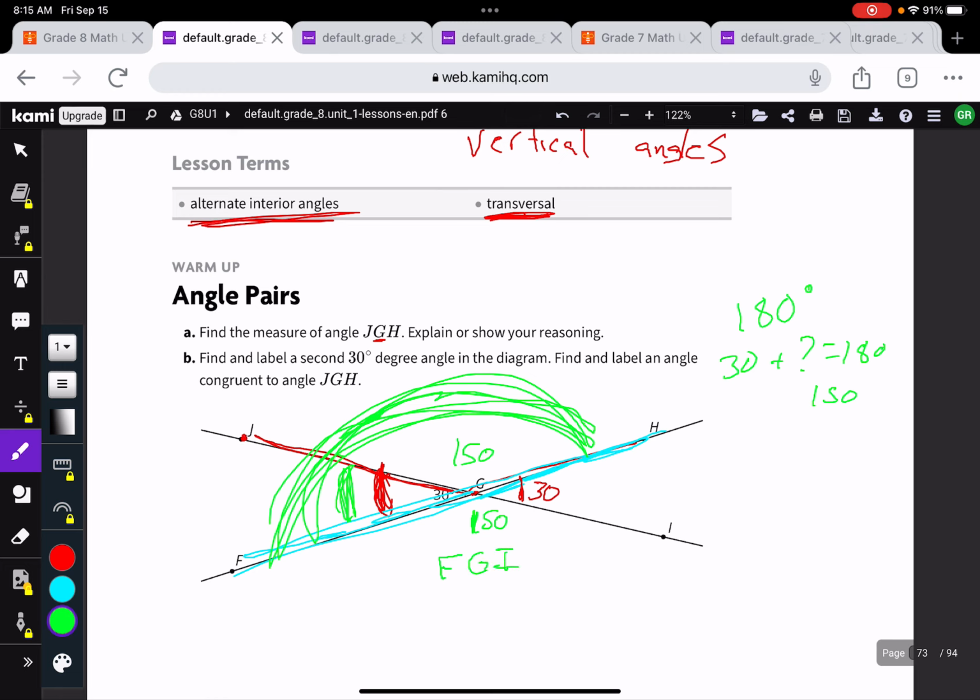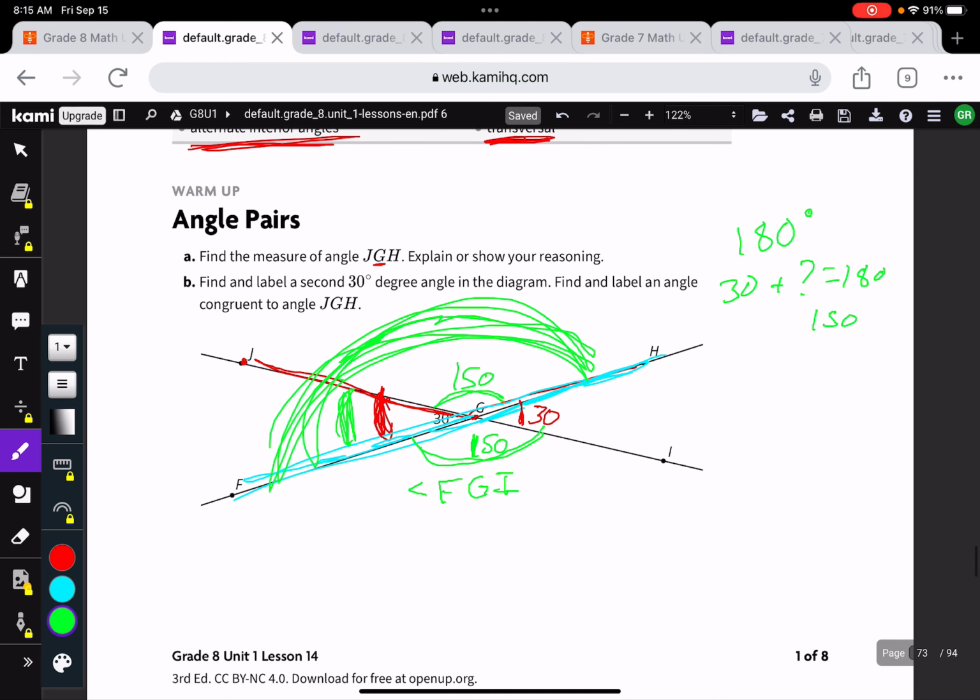And remember, there's a simple symbol. You could write the word angle, or you could just draw a little angle. You'll notice this angle here is a vertical angle to this angle here. Hopefully that rings a bell. If you can do that, then the rest of today's lesson is going to be relatively simple.